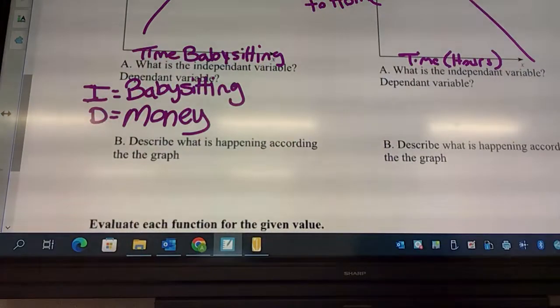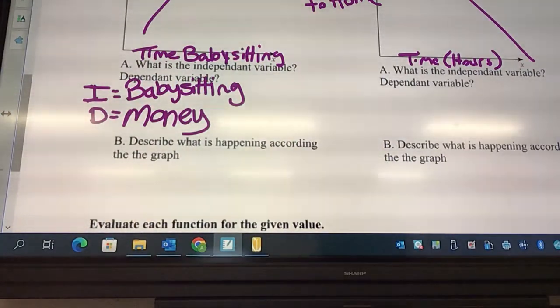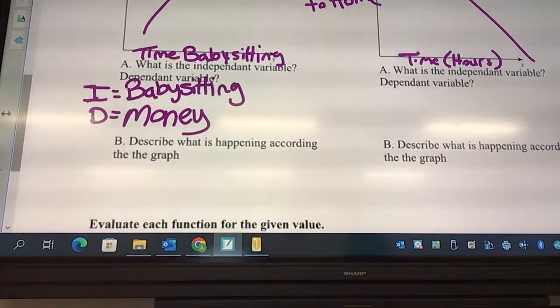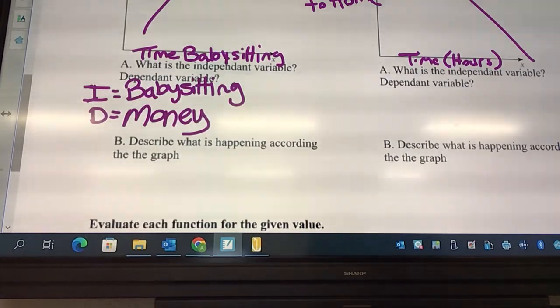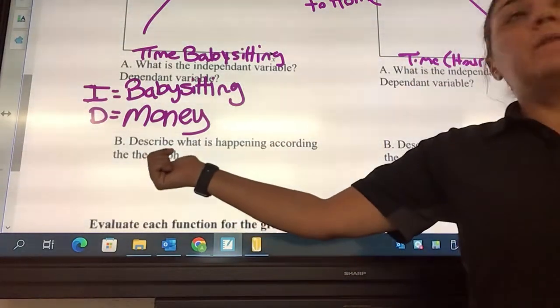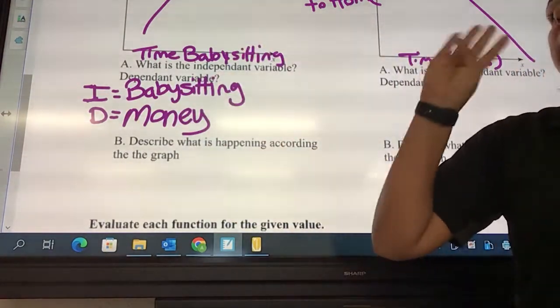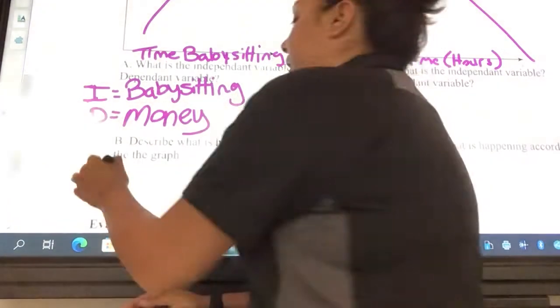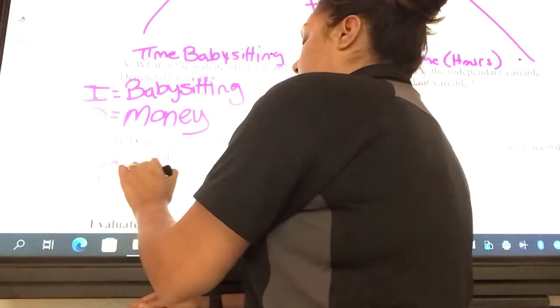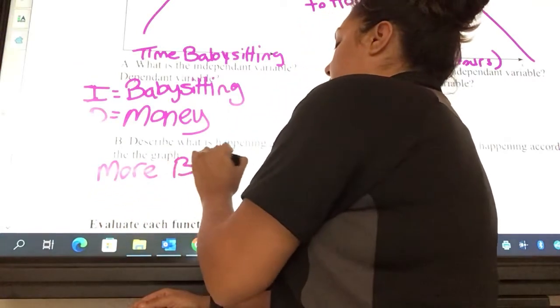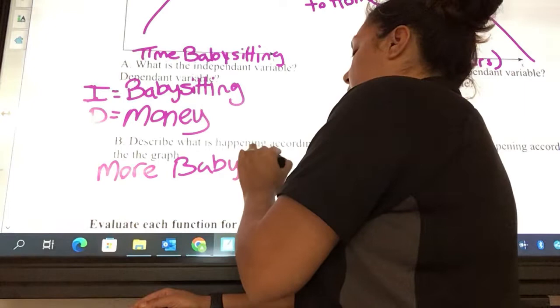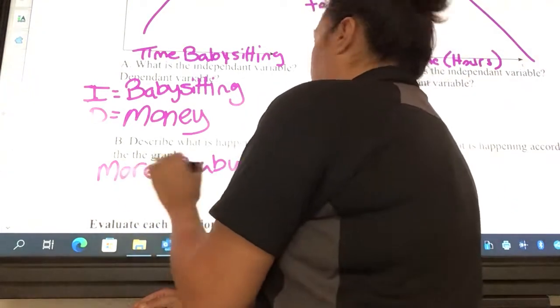Okay. Describe what's happening in the graph. More babysitting, more money. You at least need how many words on this? 4. You at least need 4. We need to say more. This is the bare minimum you should be writing: more babysitting, more money.